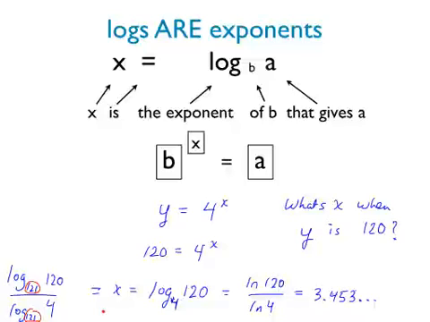So you can do ln, you can do log base 10, but you're going to choose one of those because that's what you have a button for. Out of my hat, it's also equal to log base 1.8 of 120 over log base 1.8 of 4. Do you get it? Choose any base that you want.